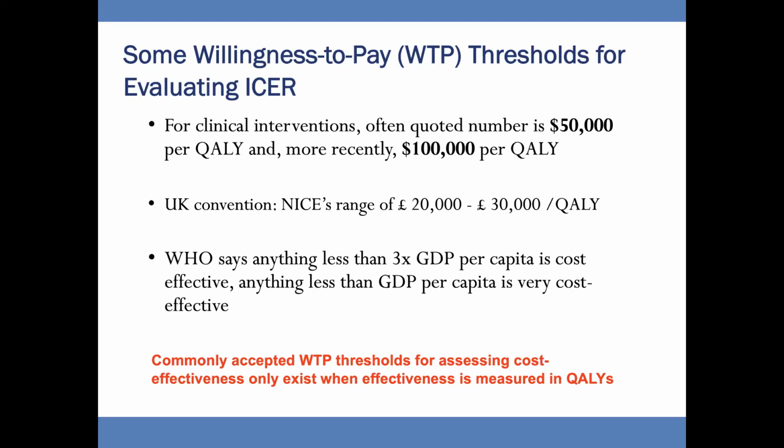So the society is willing to pay $100,000 for one extra life year with full health that the new technology can give us. If the technology has an ICER at a price that exceeds this $100,000 per QALY, then the technology is too expensive. And in a more formal way, I'm going to say that technologies with an ICER of more than 100K per QALY are not cost effective.